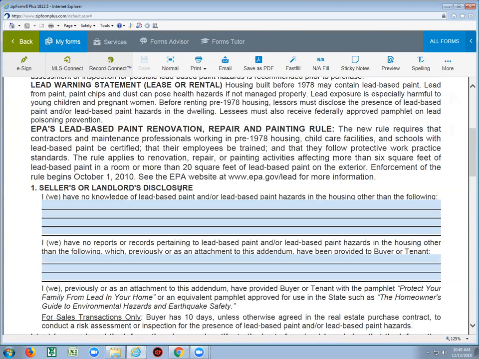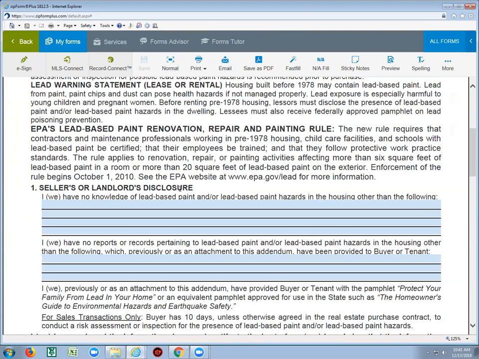Okay. All right. The EPA lead-based paint renovation, repair, and painting rule. The new rule requires that contractors and maintenance professionals working in pre-1978 housing, childcare facilities, and schools with lead-based paint be certified, that their employees be trained, and that they follow protective work practice standards.